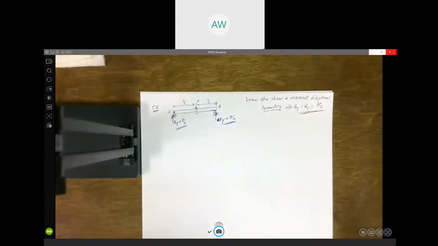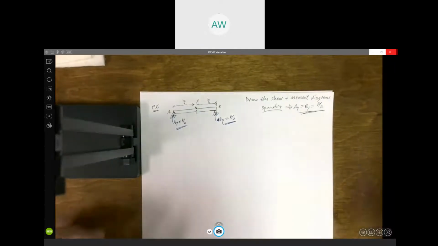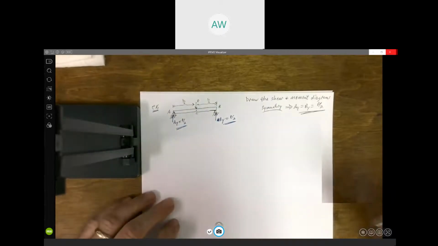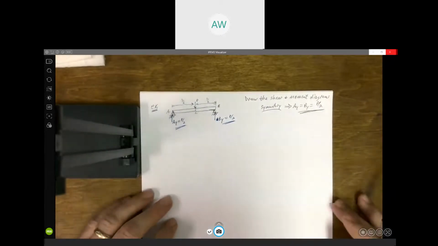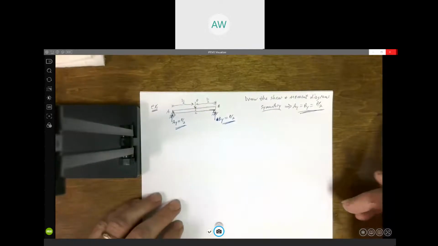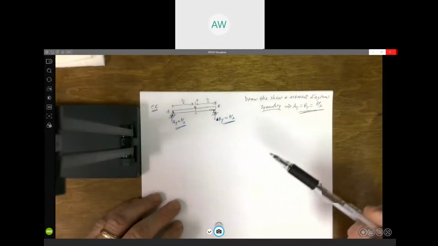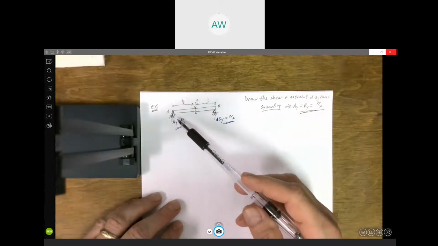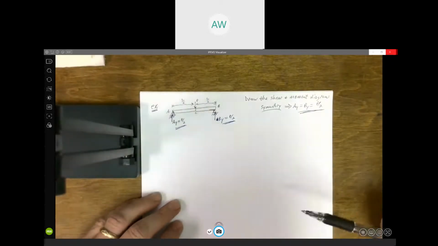All right, so that's basically all we need to construct our shear moment diagrams. But I do want to touch on one thing that I think somebody asked about, about how we knew the moment would be zero at the ends of this beam.